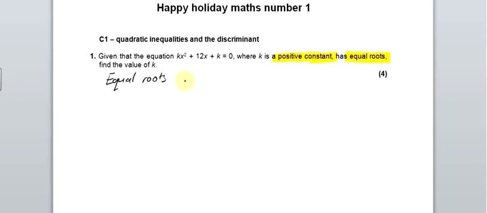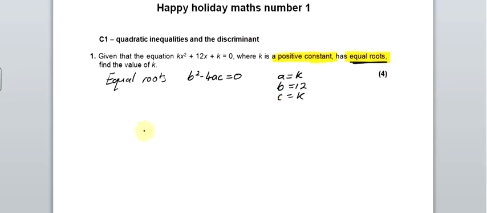That's telling me about the discriminant, and it's telling me that b squared minus 4ac has got to be equal to 0. So that's what equal roots means. And now I'm going to look at my quadratic equation, and I can see that a is equal to k, b is equal to 12, and c is also equal to k.